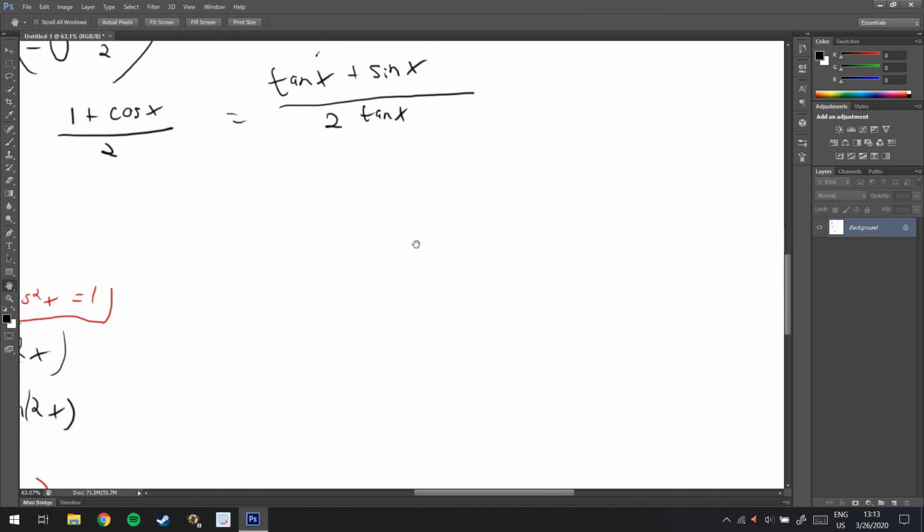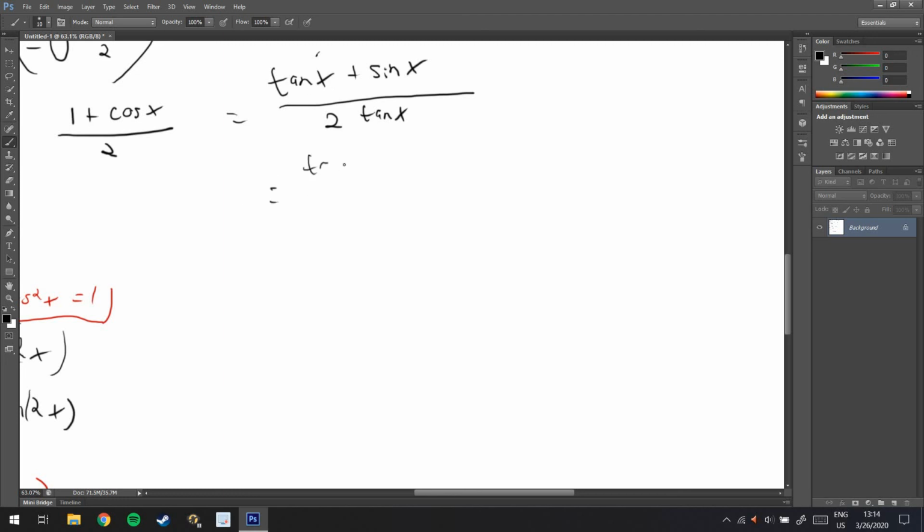Now we have something else to work with. Alright, for starters, let's do some algebra and split up our numerator.